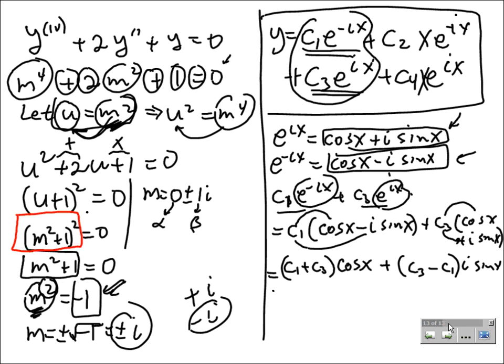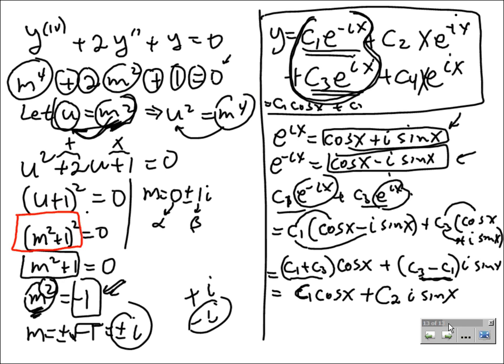I'll call the cosine coefficient big C1 and the sine coefficient big C2. So I have C1 cosine x plus C2 i sine x. That's what these two add up to.